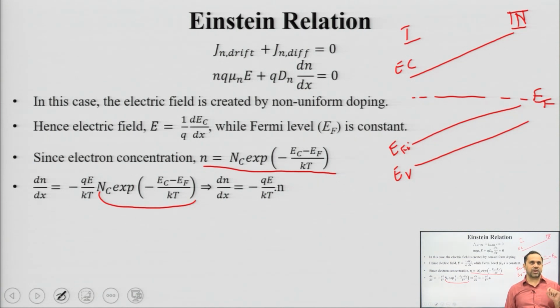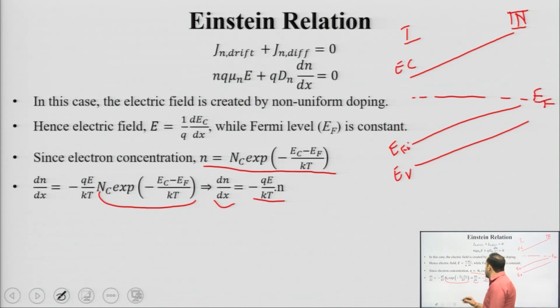We are talking about x, the distance, because the concentration gradient occurs in the spatial region with respect to x. So, region 1 had higher electron concentration, region 3 had lower electron concentration. This dn/dx is equal to minus q times E by kT times n.